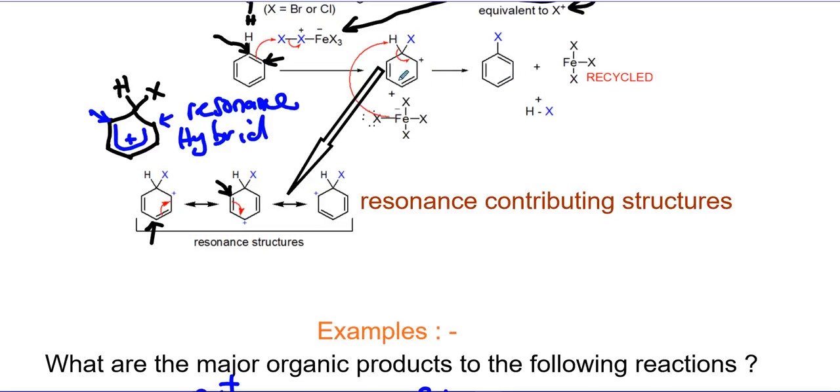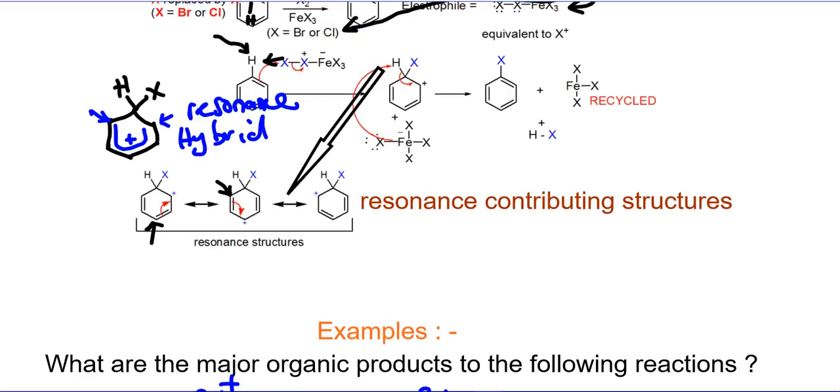This arenium ion intermediate here is not aromatic, and so that means it's less stable, so the ring rearomatizes to be more stable.